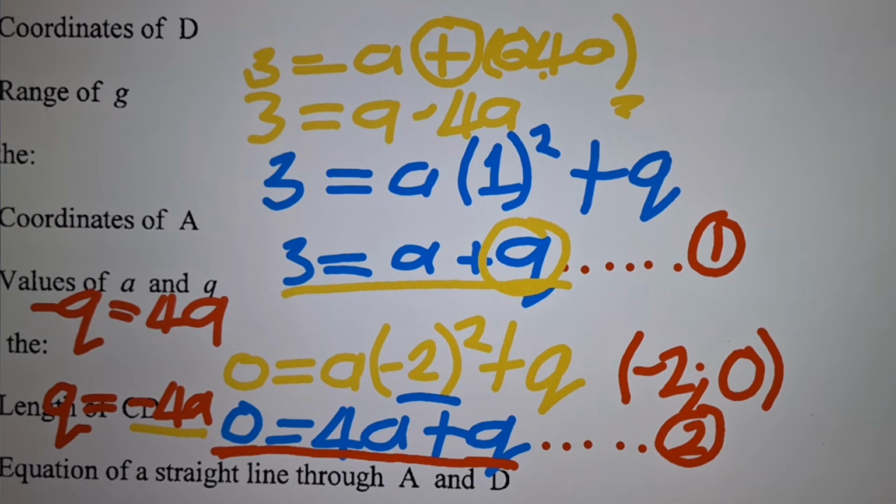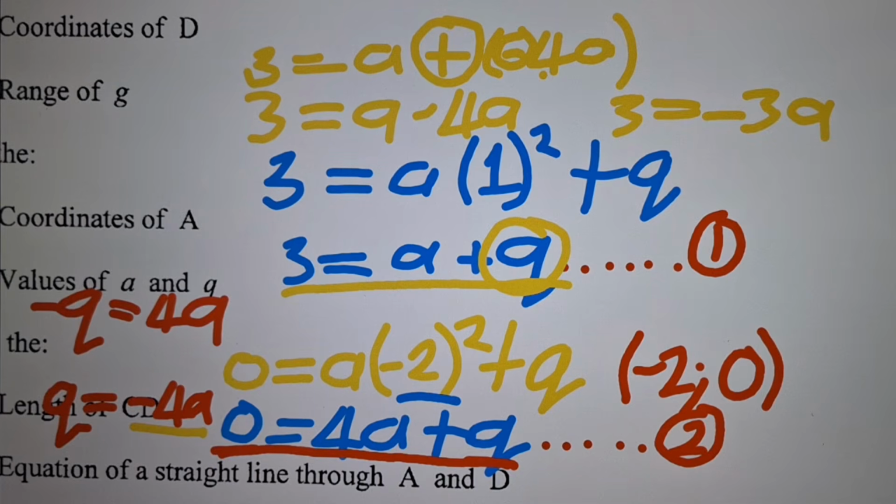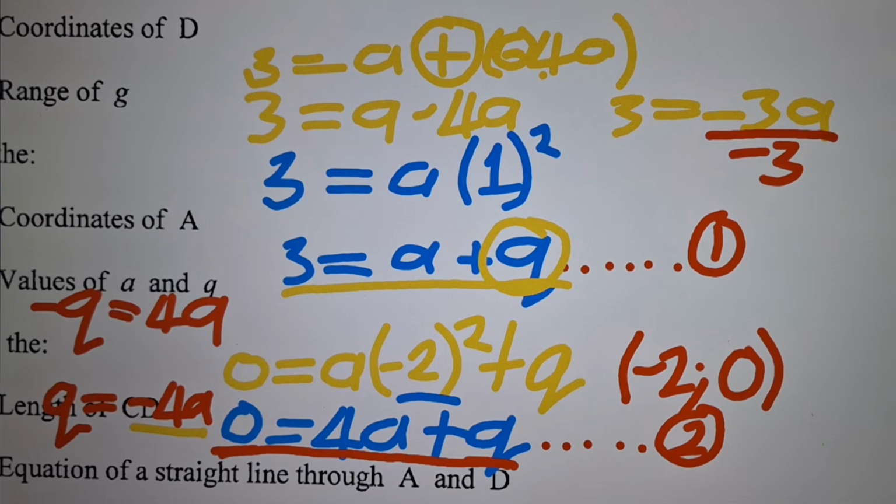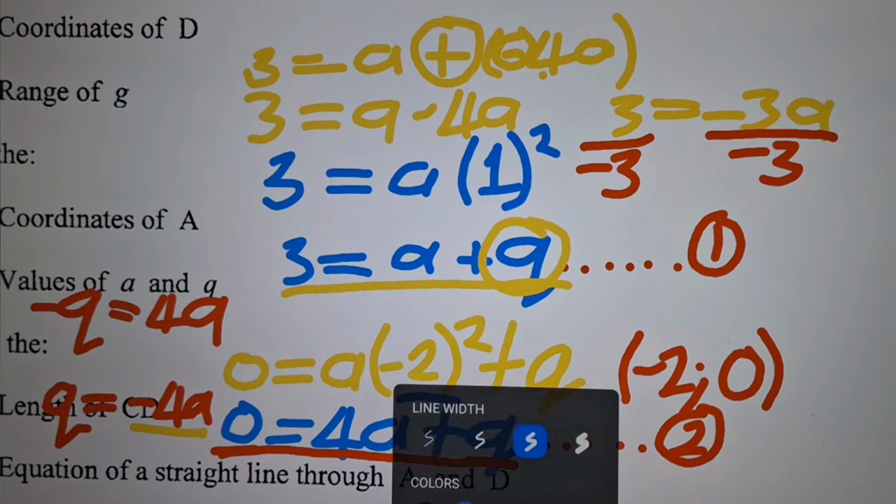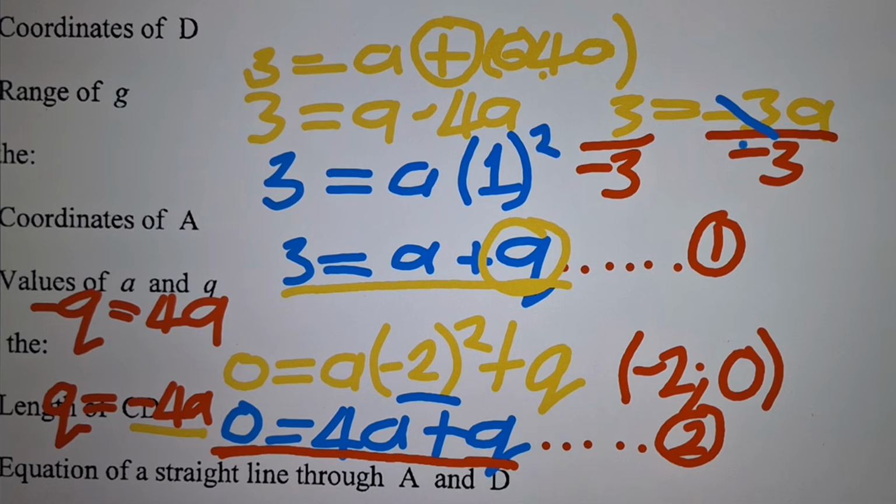So 3 equals negative 3a. To get the value of a, it's just a matter of dividing by negative 3 on both sides, so that I can be left with a. Then the negative 3 will get cancelled on this side.